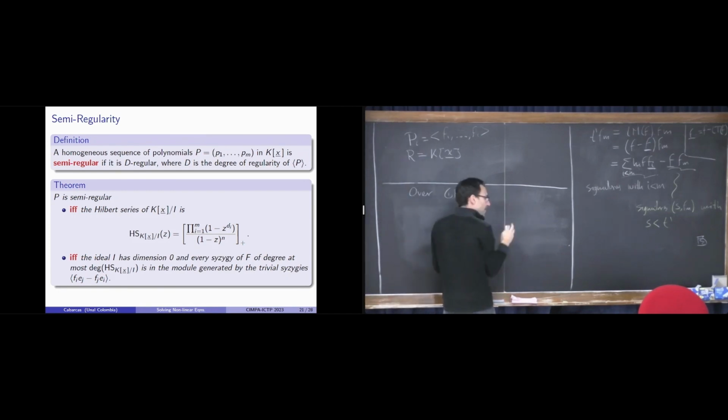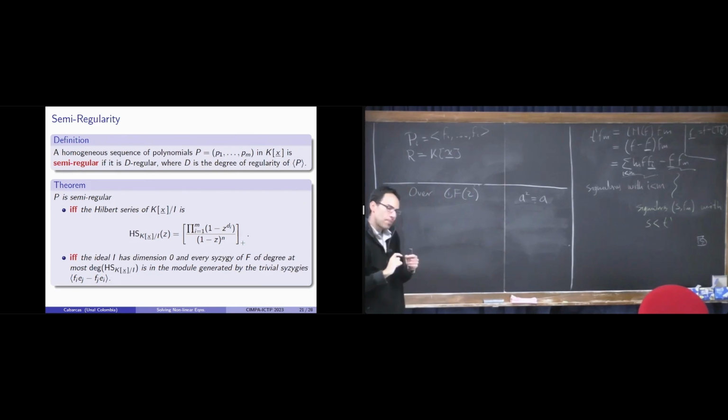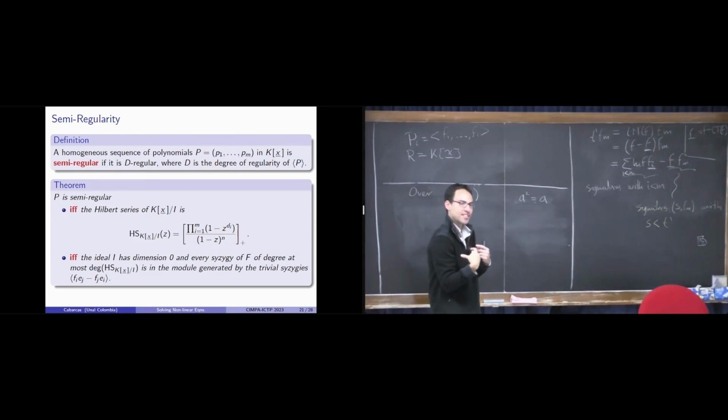So we know that every element in the field satisfies that x squared equals x. And this imposes a condition, it gives us a trivial syzygy also on the polynomials.